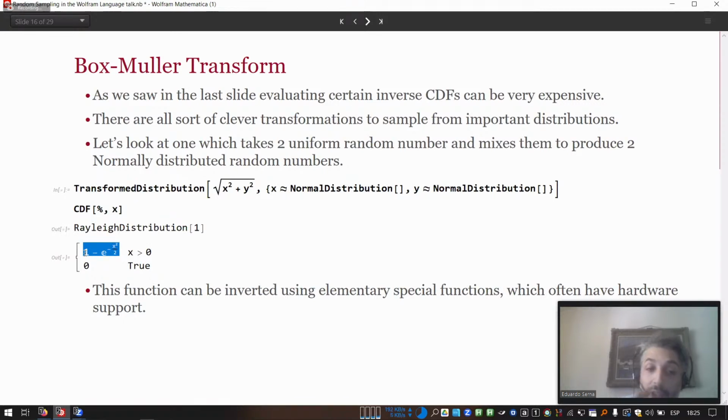This CDF can be inverted using elementary special functions: the exponential, the log, the trigonometric ones. Those usually have been optimized by the computing community for decades now, and very often have hardware support to some extent. They're essentially implemented at the CPU level, and this makes it much faster.